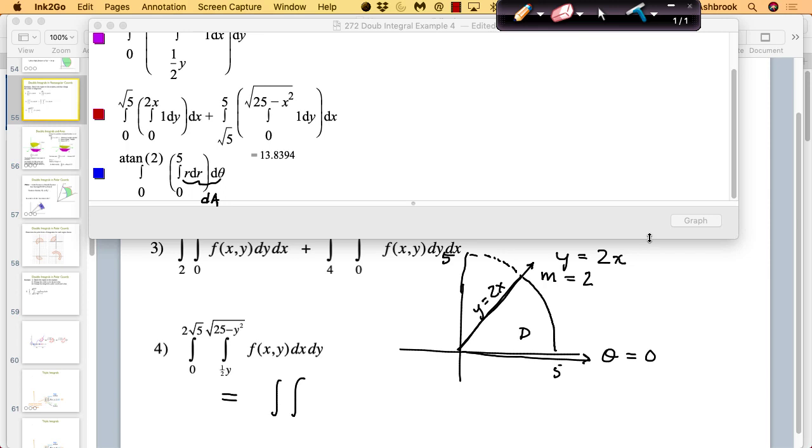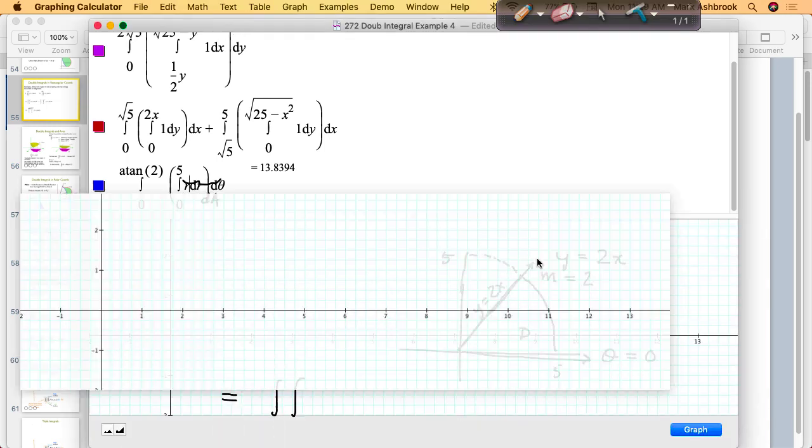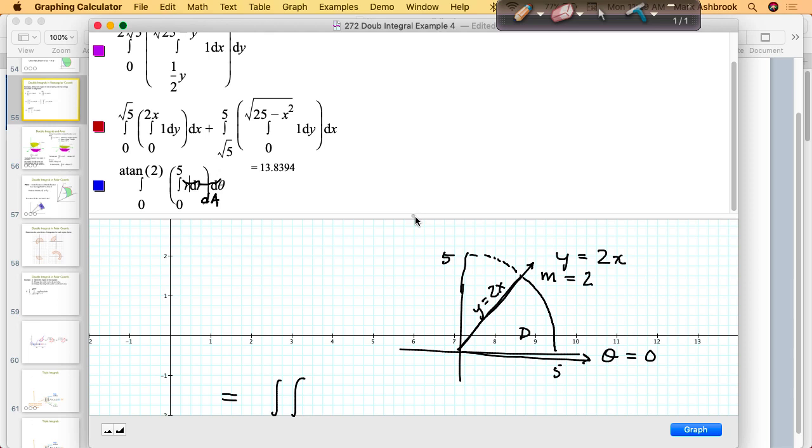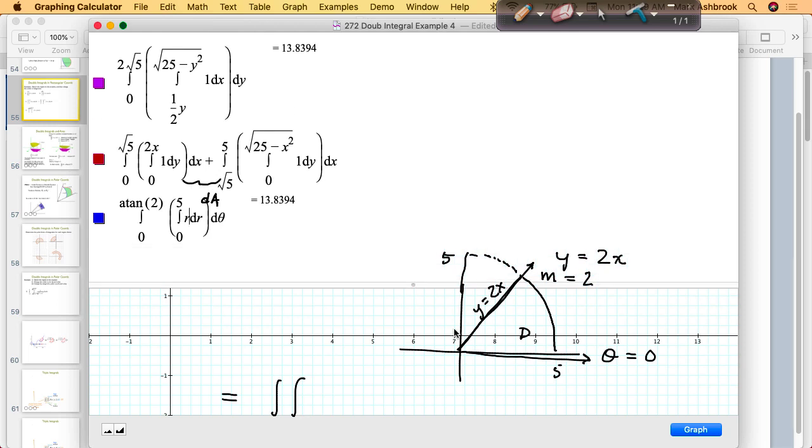So really, what's the most efficient way to do this particular double integral? Yeah, polar. It's really the most suited to polar coordinates because it's a constant r and constant theta. If we do it in x and y, we're writing circles in x and y, which involves square roots and functions. But this is a super easy double integral with all constant limits of integration, right?